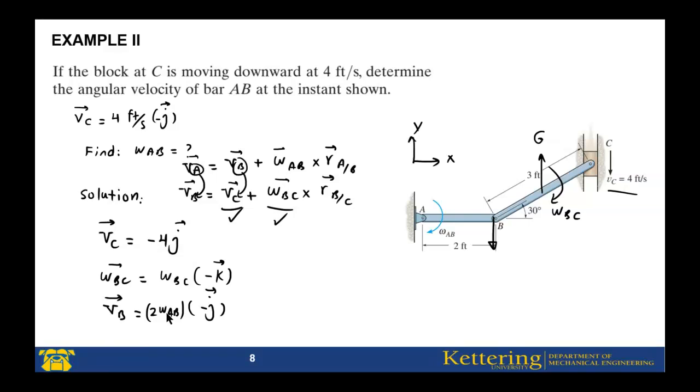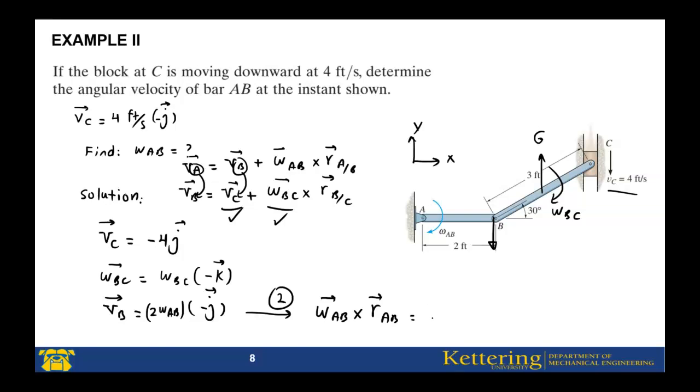Or some of you do not know the direction, you do not know the magnitude, and you want to know. This is the second solution for this one. You can write this one as omega AB cross product of RAB. Some of you are not sure about the direction or the magnitude. We need to use this equation.